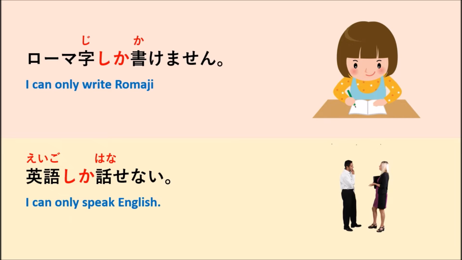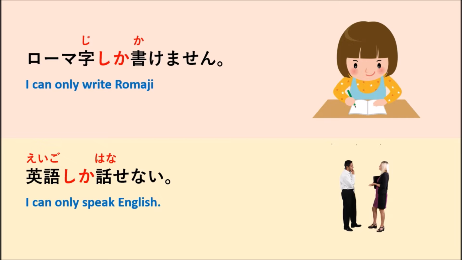So, you will notice that when you use shika, after the shika should follow the negative form of the verb. For example, for the first sentence, after shika they write kakemasen.